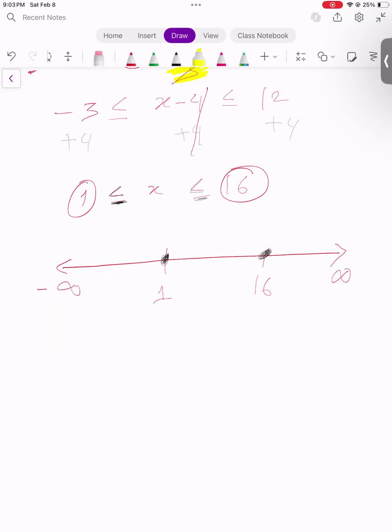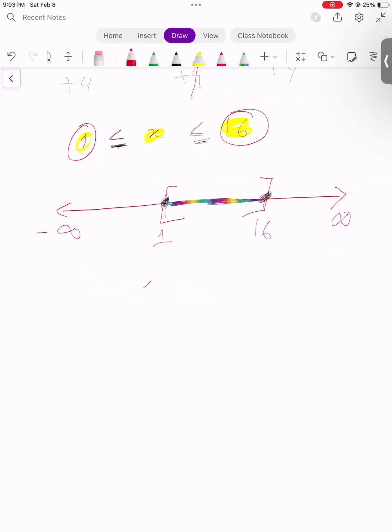We find the numbers greater than 1 and less than 16 in this region. So our answer is 1 to 16, with brackets. This is the solution for this inequality.